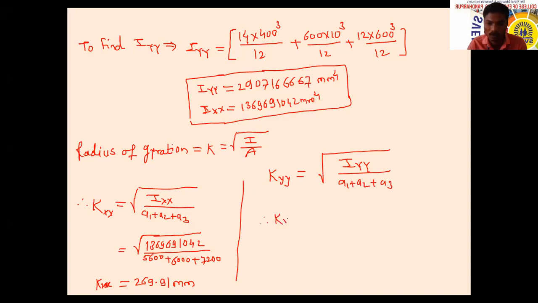Therefore, Kyy equals how much? 2907166667 divided by all the area, 5600 plus 6000 plus 7200.